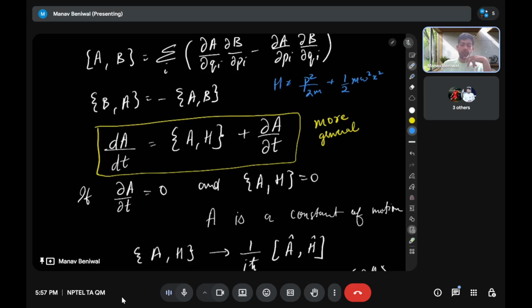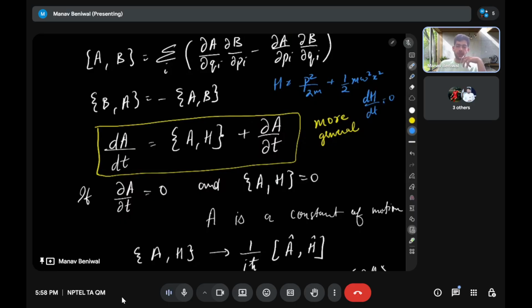So if we again do the Poisson bracket of H with H, this term will be 0, and you can see there is no time function. So H is not a function of time, so this del H by del t will be 0, which means that our dH by dt is 0. So our energy is conserved, right?